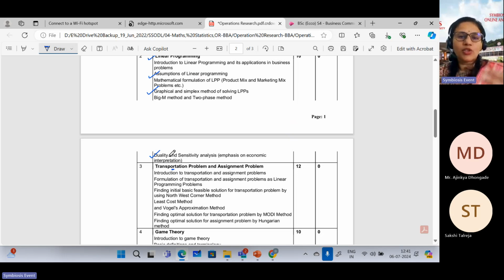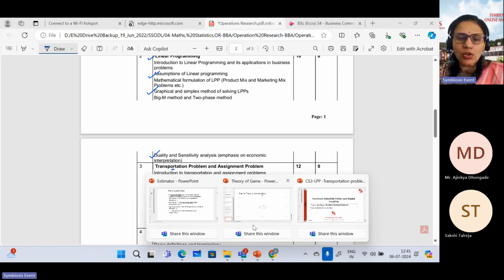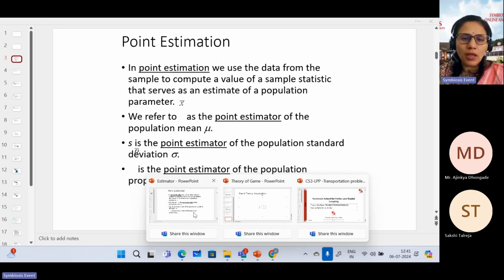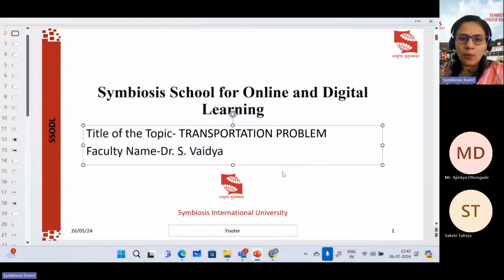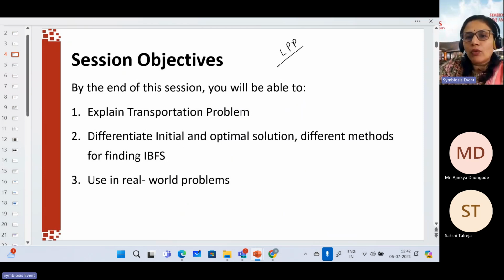So basically the transportation problem is nothing but an application of linear programming. In the linear programming problem, it works with optimization of solutions. So the same concept is applicable to the transportation problem also. But what is the major difference? Whenever I was working on LPP, there was no restriction.